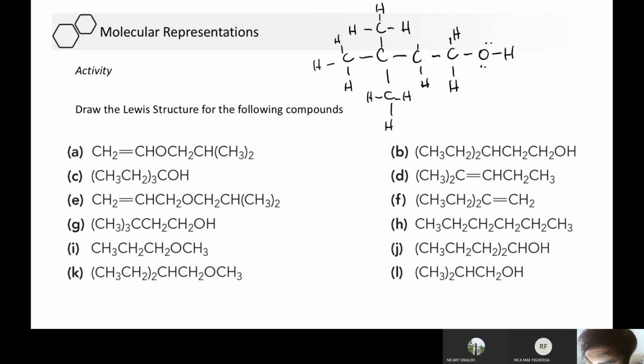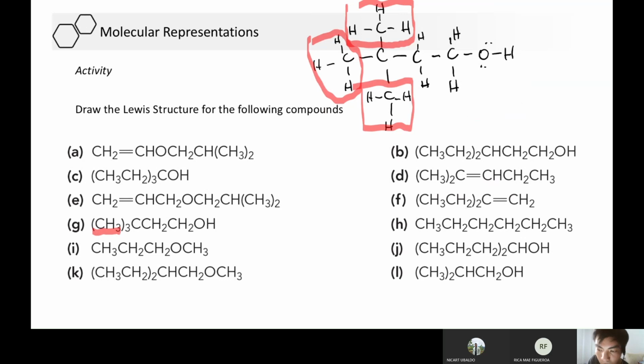Ayusin ko lang to. Highlight uli natin. Ito yung mga CH3. Ayan, isa, dalawa, tatlo. So, yan yung tatlong CH3 and they are bonded with this carbon.